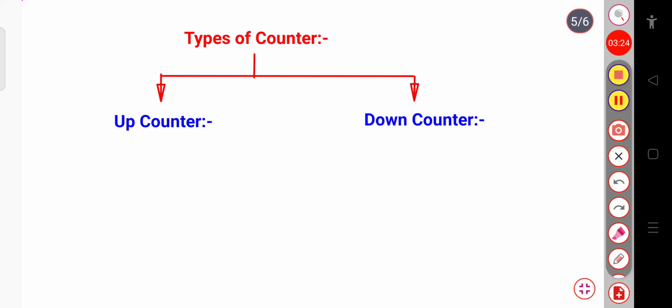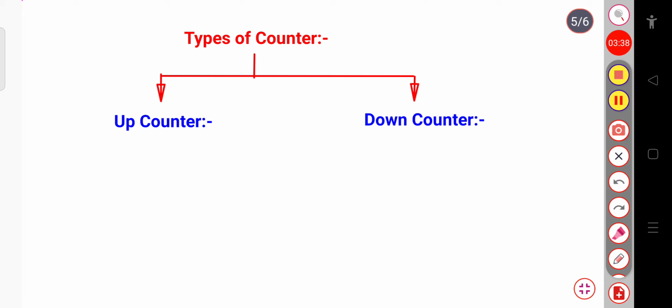Now we'll discuss the types of counter. This counter is divided into two types. One is up counter and another is down counter. In case of up counter, it will count from the low to the high pulse, or in case of the down counter, it will count from the high pulse to the low pulse.